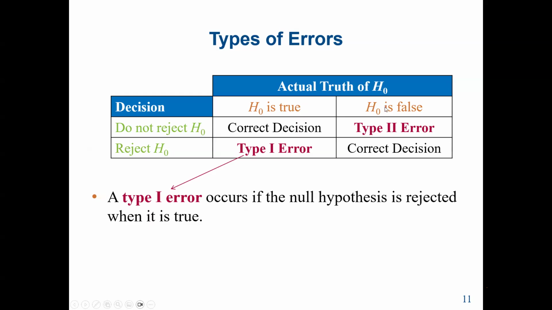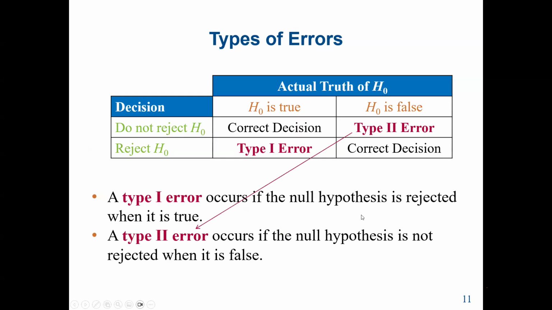Type 2 error, the actual truth is that H0 is false, it's not good. So H0 is not good, and we need to reject it, but we do not reject H0, so we accept it. Type 2 error occurs if the null hypothesis is not rejected when it is false.